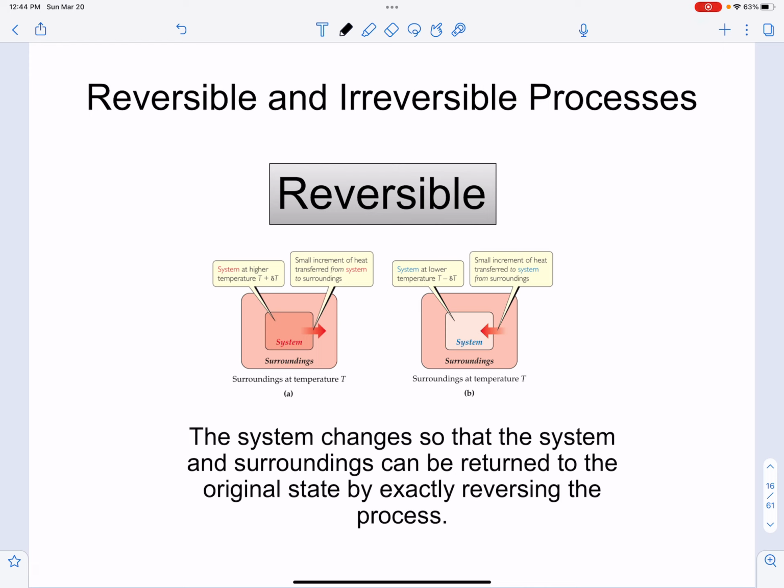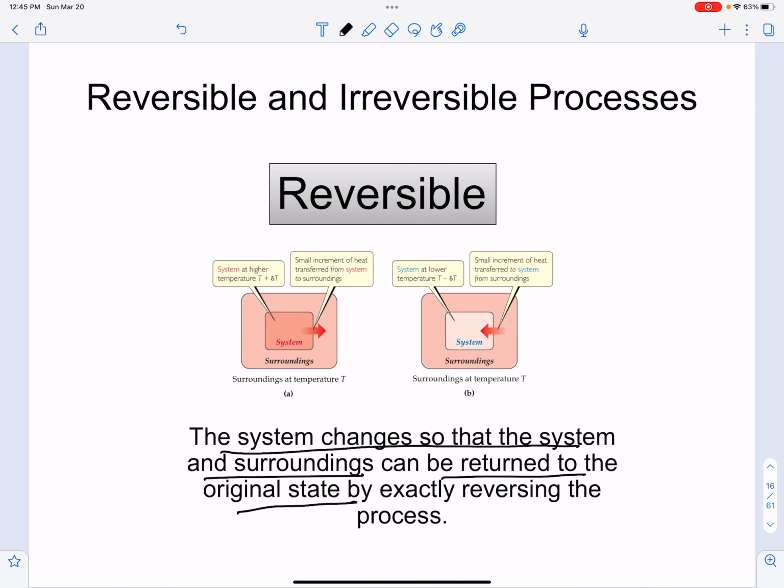An irreversible process would be a process that, when it happens, there's no way to get back to it. In more technical words, in the reversible process, the system changes so that the system and surroundings can be returned to the original states. So it's basically Le Chatelier's. You affect the equilibrium, it changes to get back to the original state.